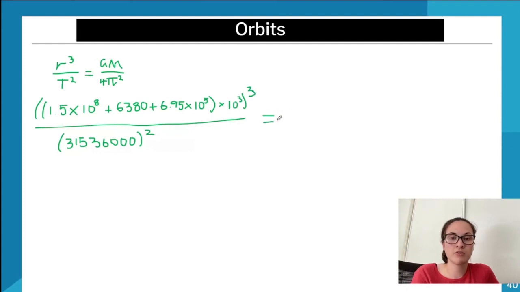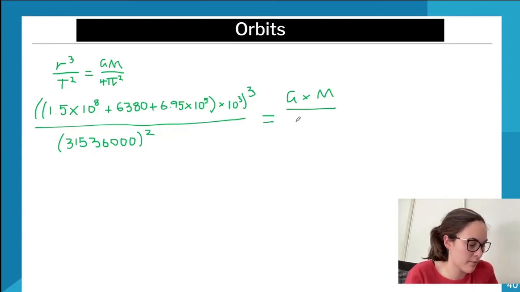We've got the gravitational constant, G, multiplied by the mass, divided by 4 pi squared. Just because we're running a little low on time, I might just quickly zip through this question, put it into the calculator and tell you what the answer is.